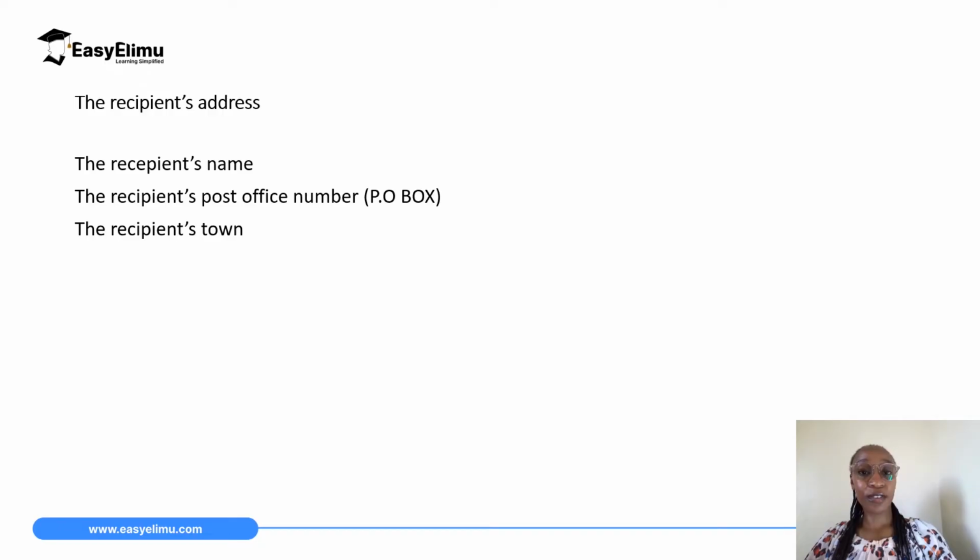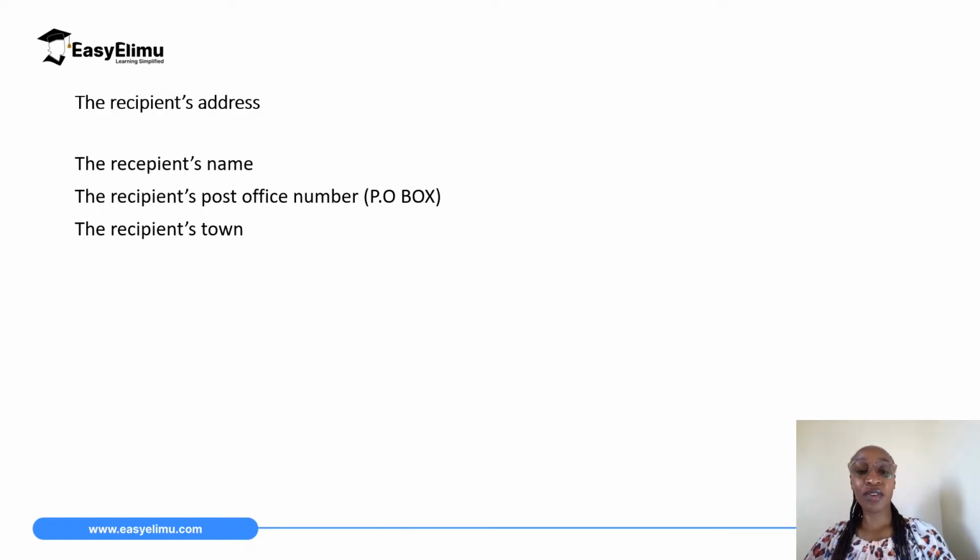The second feature of a business letter is the address of the recipient. So whoever you're writing this letter to, maybe the games master of another school or the principal of another school, that is the recipient. So you write their address.